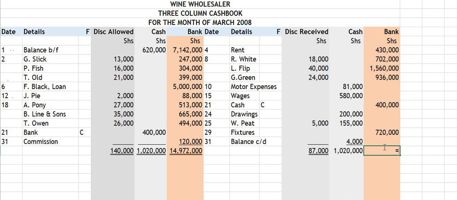Then for the bank, still the debit side is bigger, so you have to get the total on the debit minus the amounts on the credit. We are inserting that balance here, the balancing figure, so it is 14,972,000 minus this, minus this.